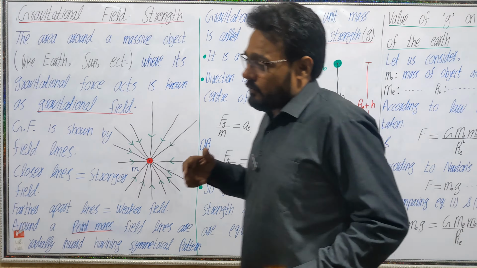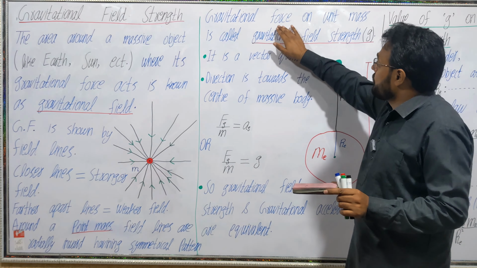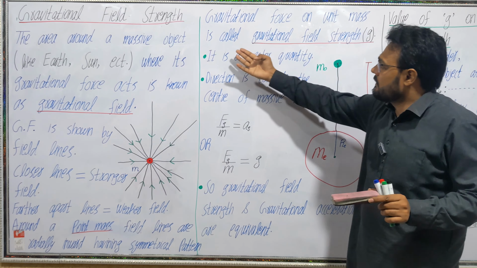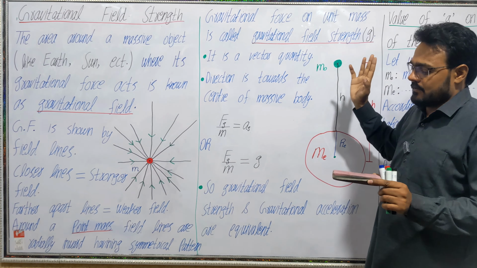Gravitational field strength: force on unit mass is called gravitational field strength. Force of earth on unit mass of this duster, force downward, is known as gravitational field strength. It is a vector quantity.